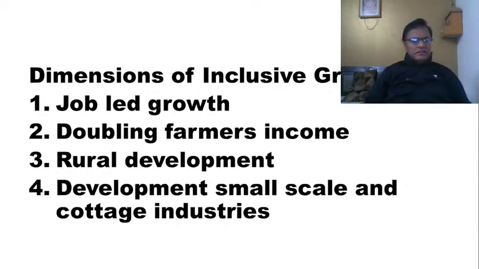This is based on what we call the trickle down effect theory in economics. You should know all those things. What is this trickle down effect? As the name itself indicates, it says that the benefits of economic growth would trickle down to the lowest sections of society.